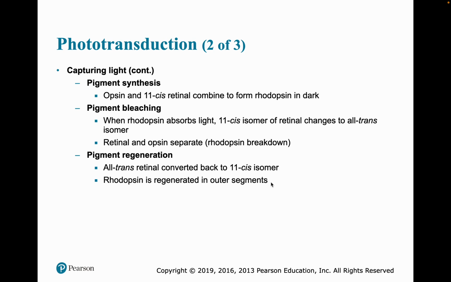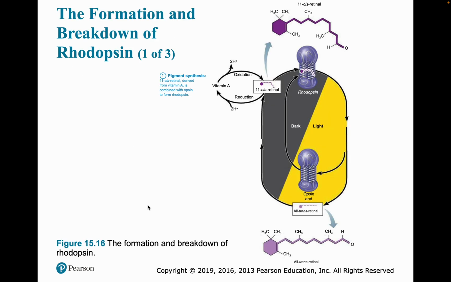To regenerate that, the all-trans retinol has to be converted back to 11-cis retinol, and then it will recombine with the opsin, regenerating rhodopsin. So in the dark, 11-cis, when light hits it, cis becomes trans, the retinol and the opsin separate, and then to regenerate it, we convert it back to 11-cis and combine it with opsin.